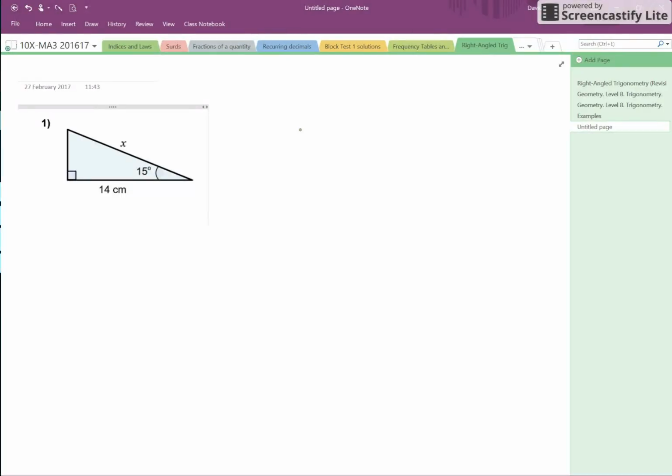Okay, step 1, write down SOHCAHTOA. Label your triangle. The one opposite the right angle is the hypotenuse. The one next to the angle is the adjacent. And the one opposite the angle is the opposite.